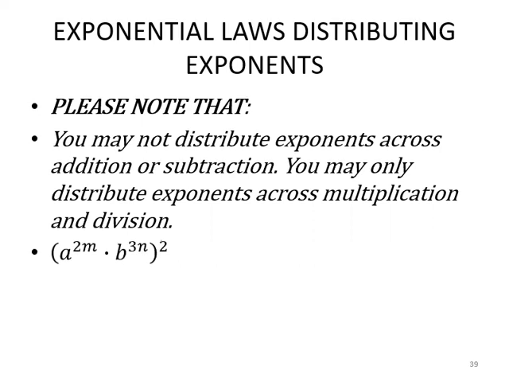I can take this 2 multiplied with this exponent, which is 2m, and take the same 2 and multiply it with this exponent, which is 3n. And that is because in between I've got multiplication. I'm allowed to do this if it's across multiplication or division. So 2 times 2m will give me 4m, and 2 times 3n will give me 6n.